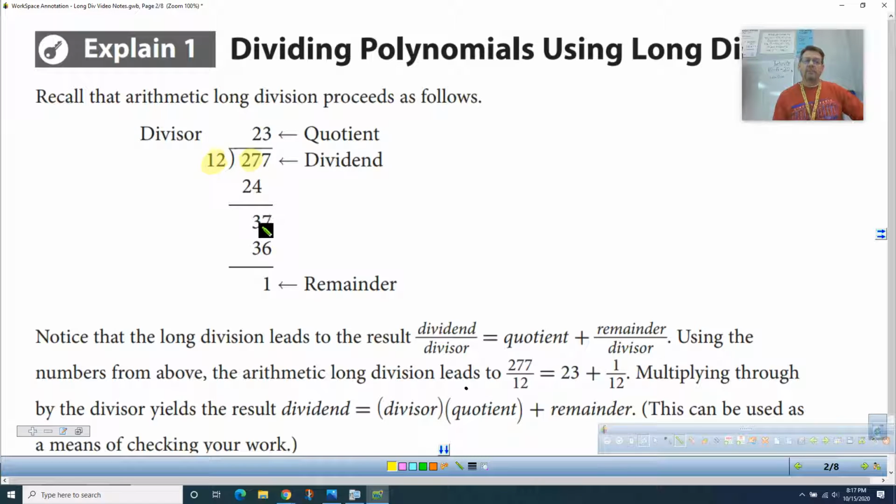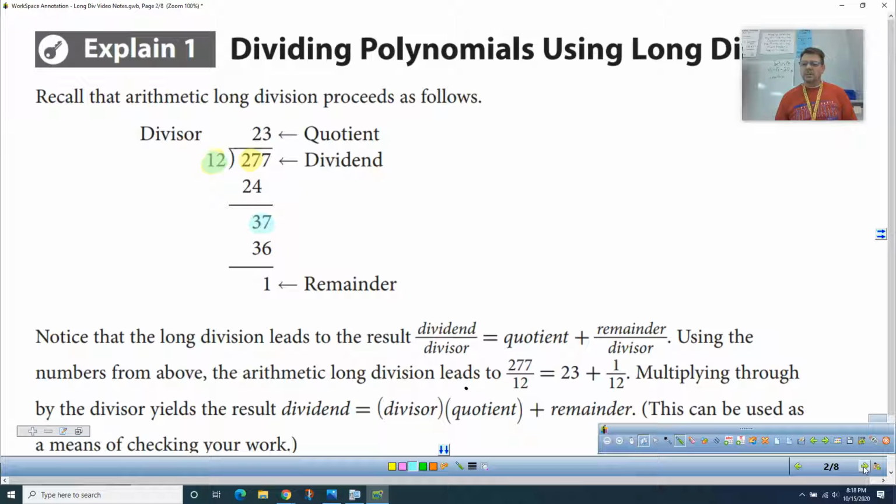Then we brought down and got 37. 3 times 12 is 36, and that's as much as I can give. Or you could say 37 divided by 12 is 3 point something. We don't really care. We just put the 3 there, subtract off, and get a nice remainder. That's just a quick refresher.